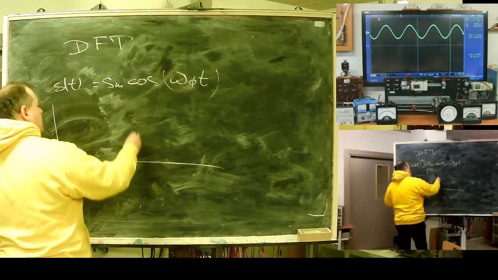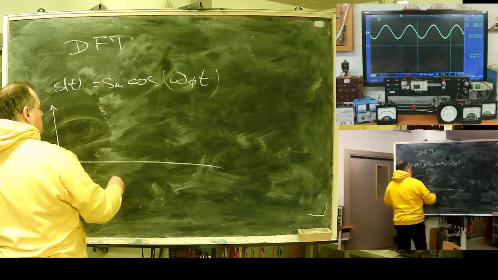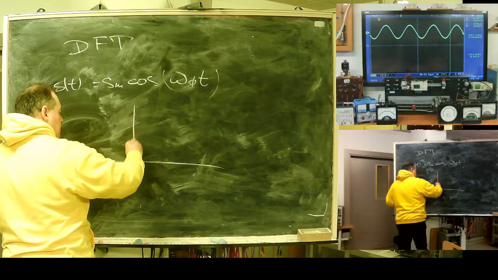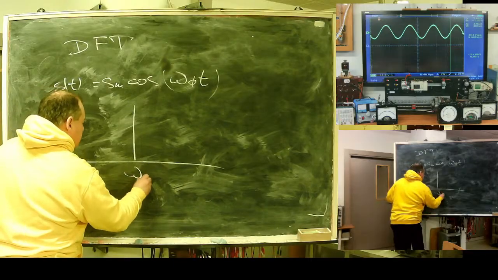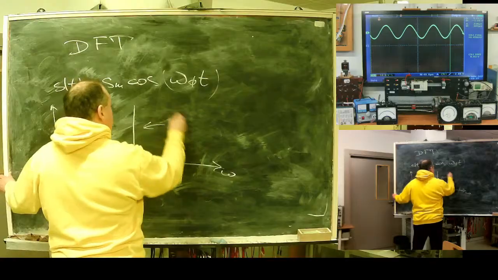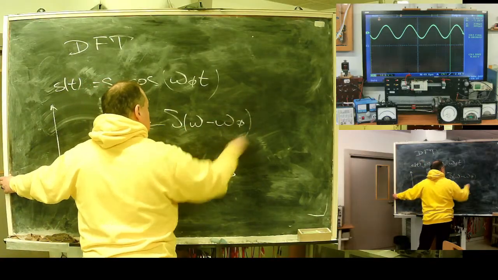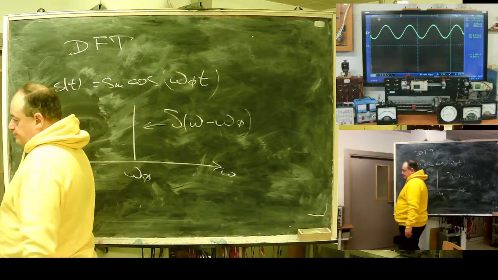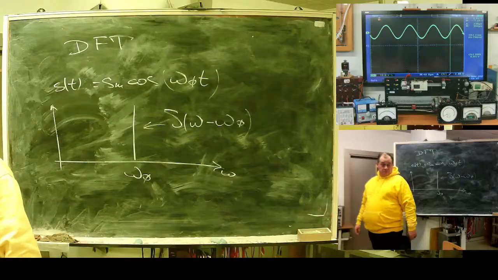So I should get something like an infinitely high thin line at frequency omega 0. This should be something like a delta function, omega minus omega 0. What is a delta function? You know?